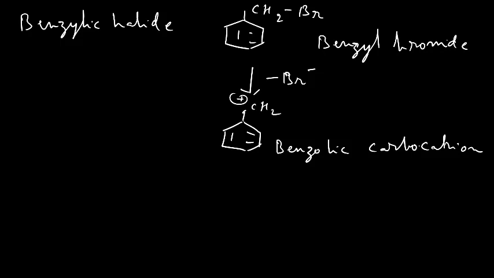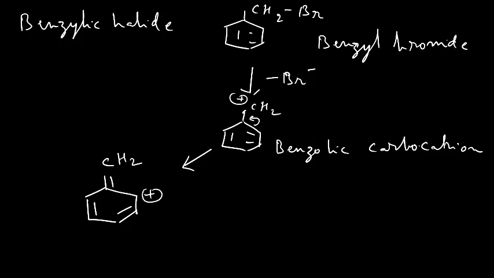So in this benzylic carbocation, this bond shifts here. Therefore, we get the benzene ring. Because this bond shifts here, this gets a double bond to CH2, and because this bond shifts here, this center gets the positive charge.